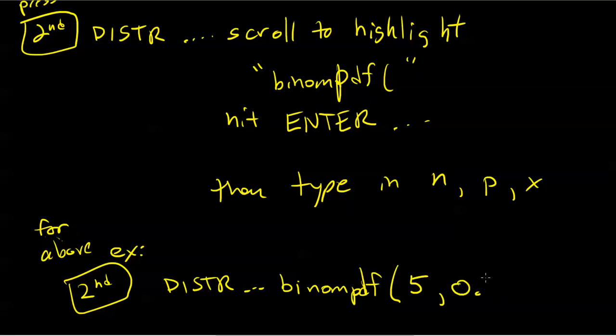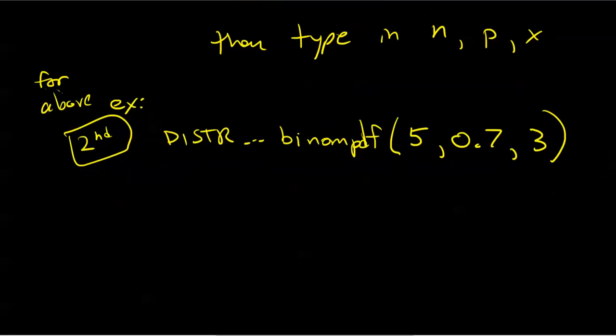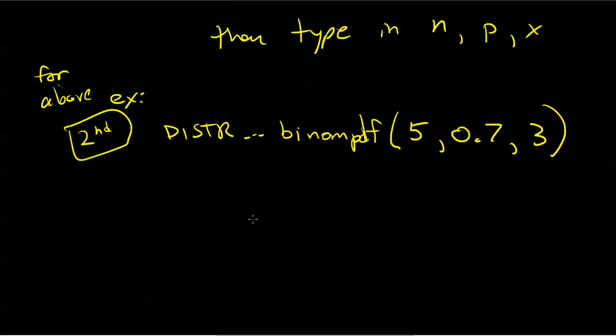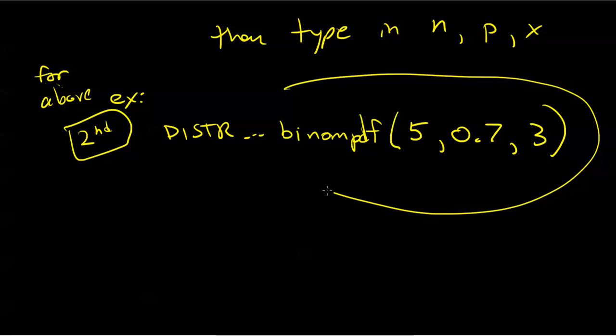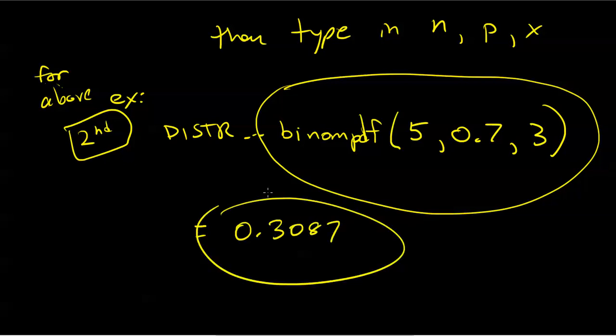The probability of boy in any one birth is 0.7, and we were looking for the probability of 3, so we enter in 3 for our desired number of successes. This is the command you should have entered into your home screen, and if I punch it out, I get 0.3087, the same value I got grinding it out by hand.